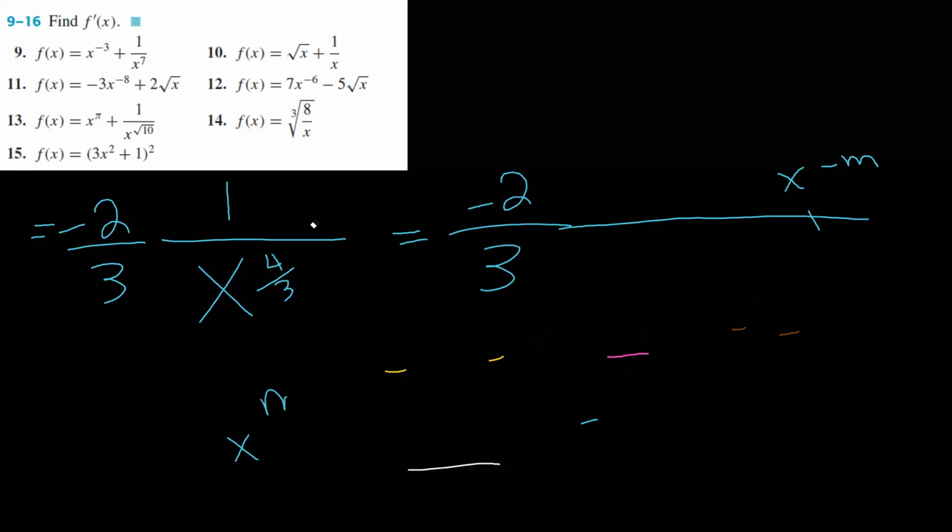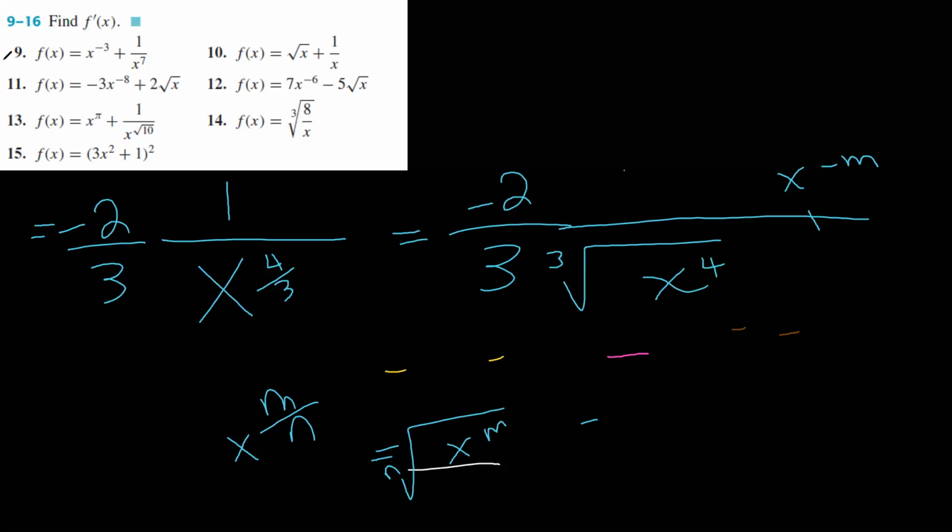I told you that if you have x raised to the power m over n, it can be written as x raised to m down and n up. So here it will be, who can tell me? The cubic root of x to the power 4. X raised to the power 4 and the cubic root of x, yes.